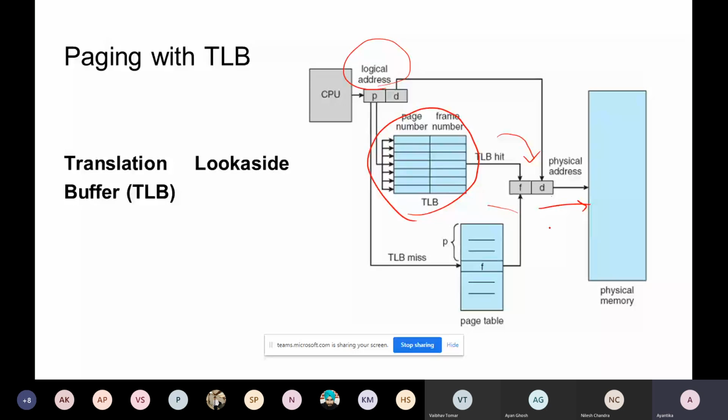That instance is called a TLB miss, where you have to go back to the page table. If there is a TLB miss, then you have to find this page to frame mapping there. Okay. And then the usual thing: once you get that frame, you add the offset, and then you search in the physical memory and get the location.